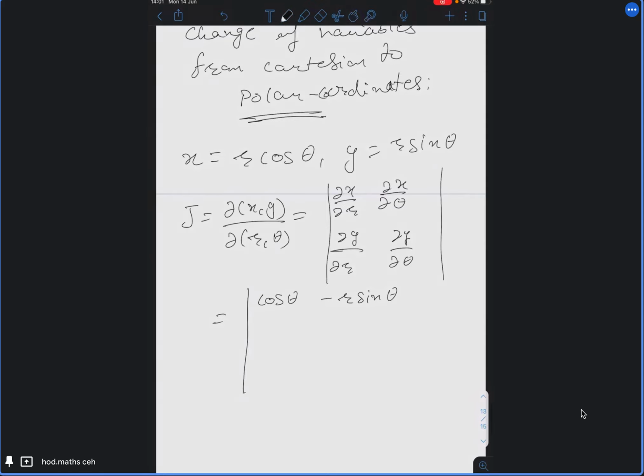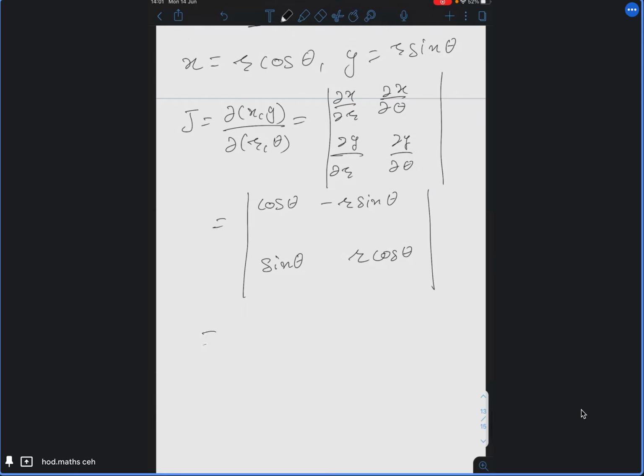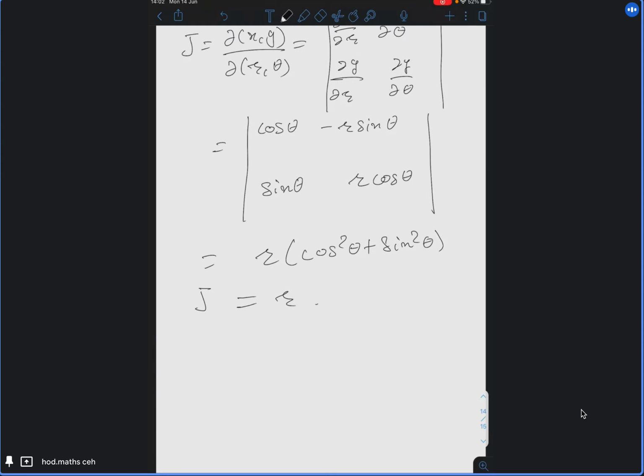Dou y by dou r will be sin theta. Dou y by dou theta will be r cos theta. So if you solve the determinant, you will get r cos square theta minus minus, which will be plus r sin square theta. So you can take r common, you will have cos square theta plus sin square theta, which is 1. So this value r is nothing but the Jacobian of the transformation from Cartesian to polar.